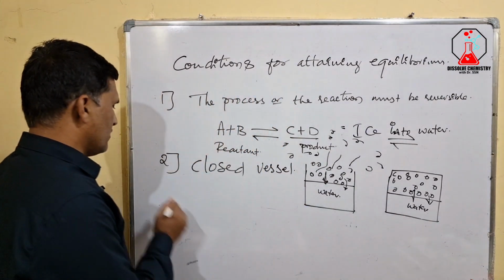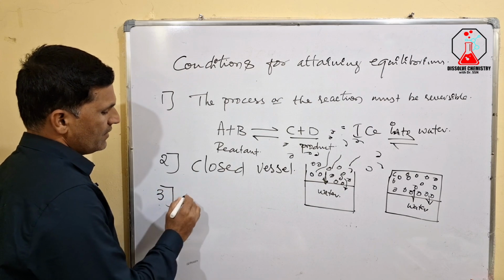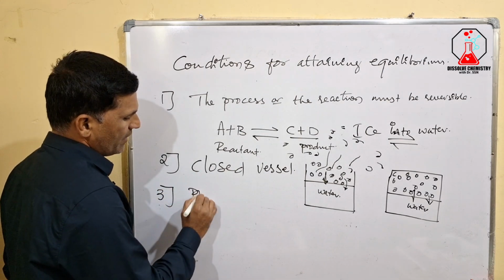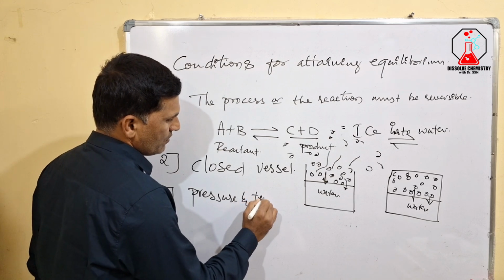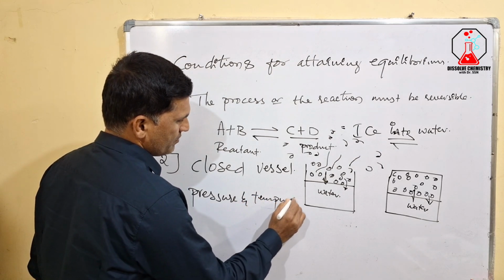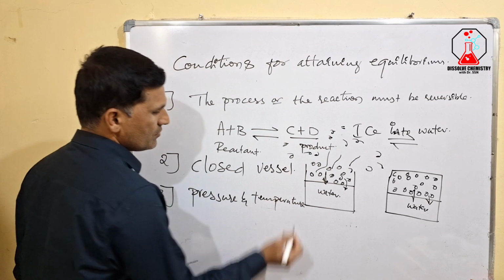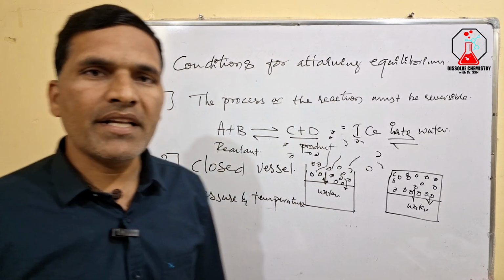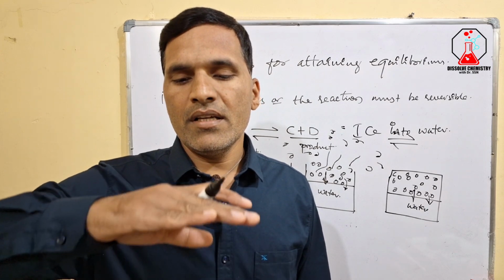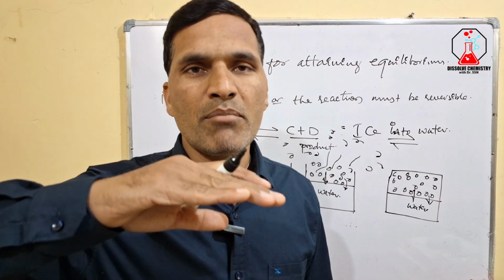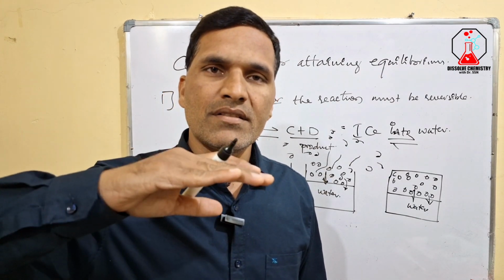And the third and foremost important condition is pressure and temperature. Pressure and temperature also play a very important role. If we maintain the pressure and temperature constant, then only the equilibrium will be established and it remains.